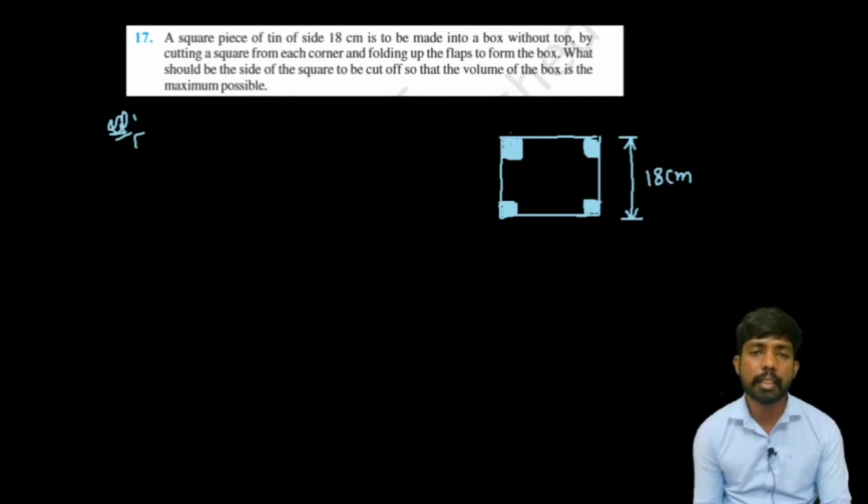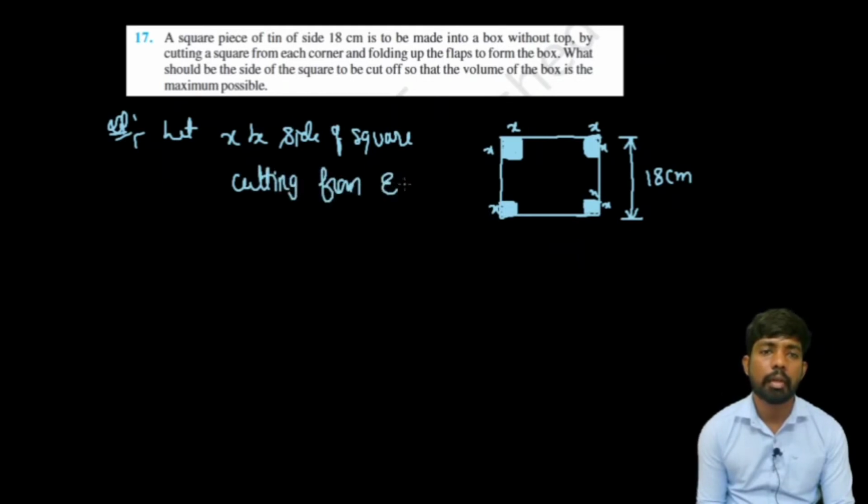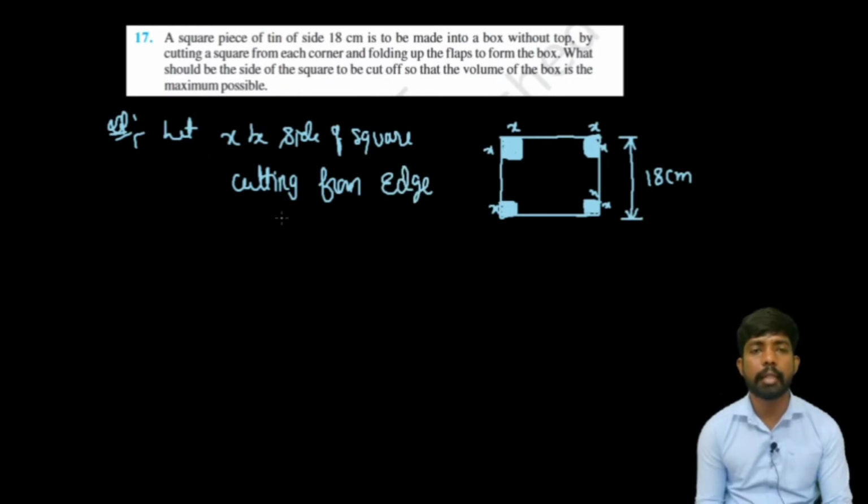Okay, now let us consider this side. This side is x, and this side is x. Clear? Next, this is the side x. Here we are cutting. Let x be the side of a square cutting from the edge.